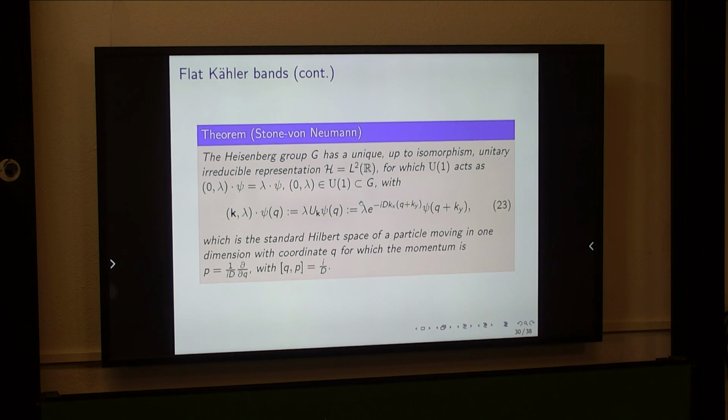This is essentially the standard Hilbert space of a particle moving in one dimension, for which the momentum is given by that, and the commutation relations of position and momentum. Position here is q, but it's not real position. This is an abstract degree of freedom. They satisfy this commutation relation. So you see that D is like an effective Planck constant that appears, okay? And we will see that D has to be constrained.